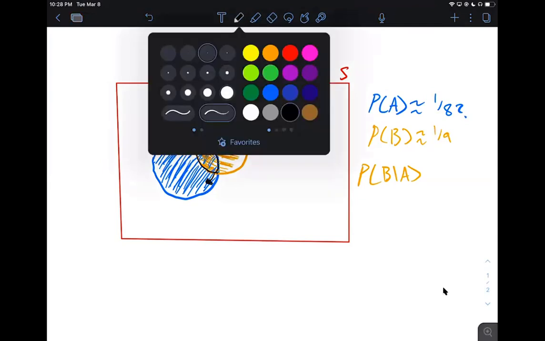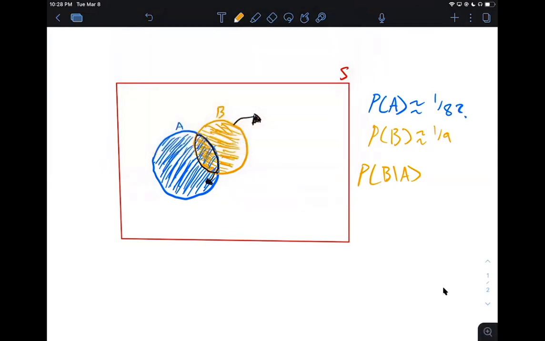So how could we write that out? Well, what we could say is if normally the probability of B is equal to, say, the area of B over area of S, then the probability of B given A is equal to the area of B and A. We'll write B and A like this using the, pardon me, intersection symbol here.